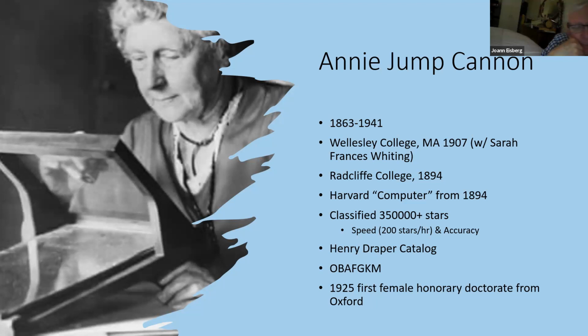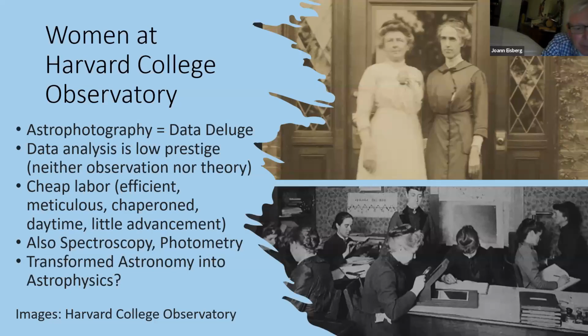So there's a lot of sociological stuff going on here. These people, these women, they were, as I say, not paid much. What they did, in addition to positional calculations, which was sort of the traditional calculator stuff that was data analysis, they also did spectroscopy and photometry, and I'm going to go out on a limb here and tell you that they changed astronomy into astrophysics.